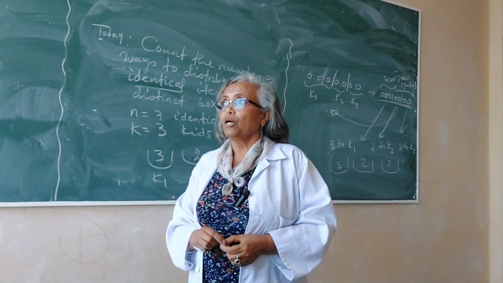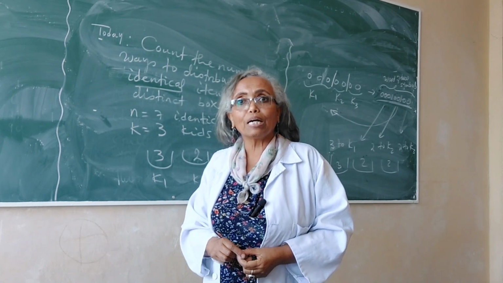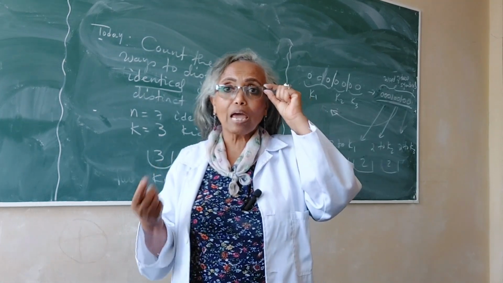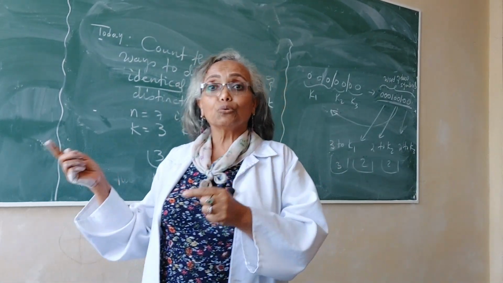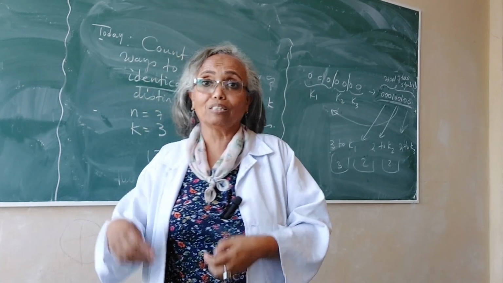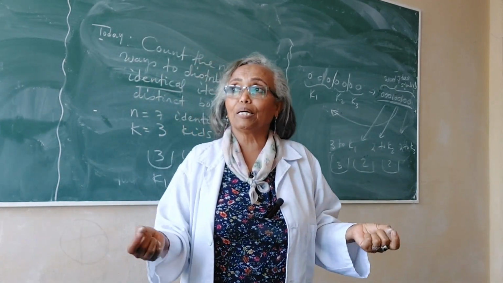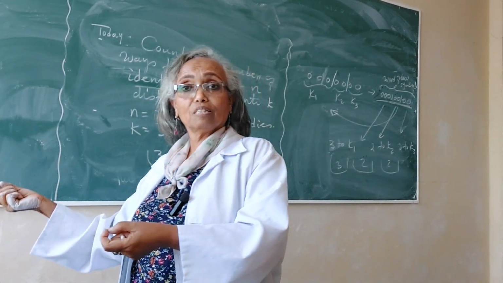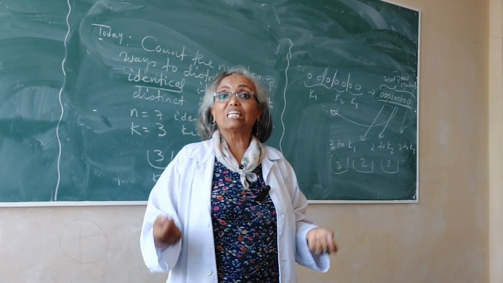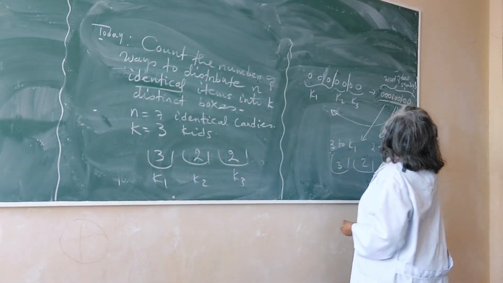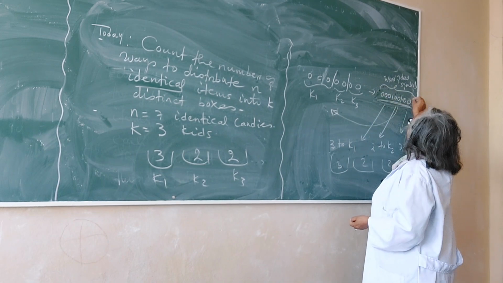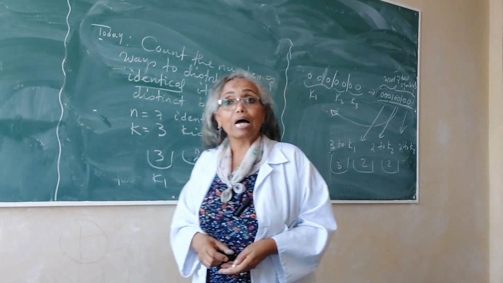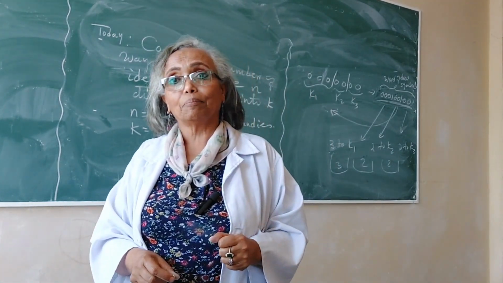Actually, this is what we call a bijection between the set of all distributions of n identical items to 3 kids, or to k kids, you can generalize it that way, or the set of all distributions of 7 identical candies to 3 kids, and the set of all permutations, all possible arrangements of these 7 circles and 2 slash signs, which are 9 altogether.